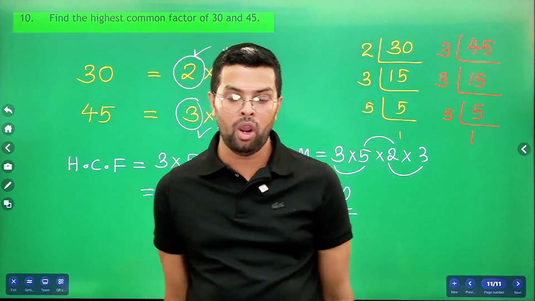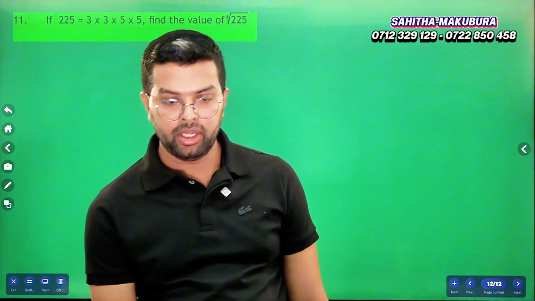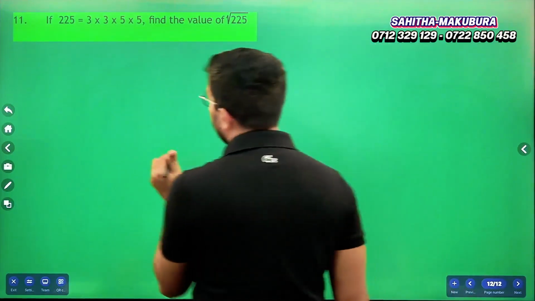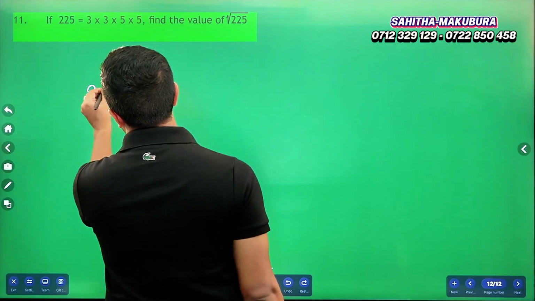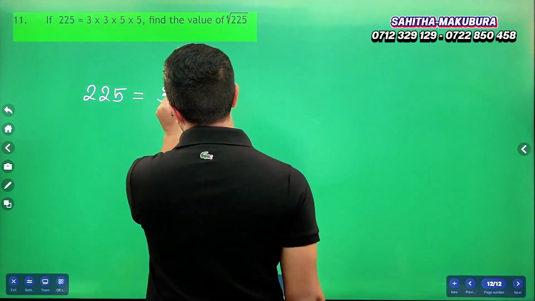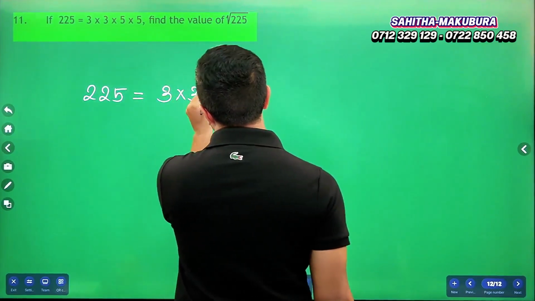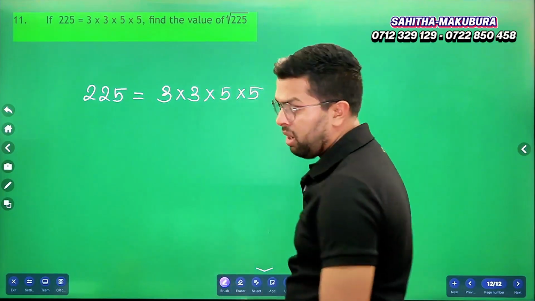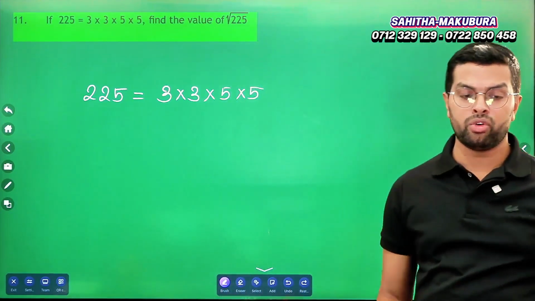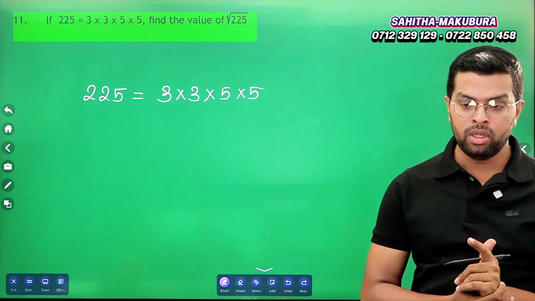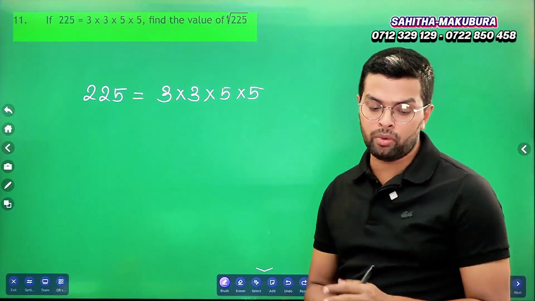Alright, moving on. Question number 11 is from the lesson square root. 225 is given as 3 times 3 and 5 times 5. We are asked to find the square root of 225.